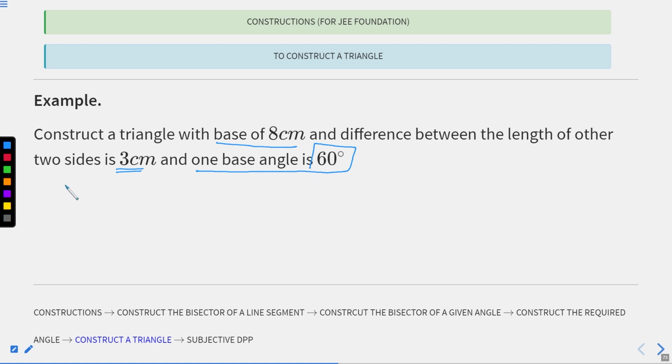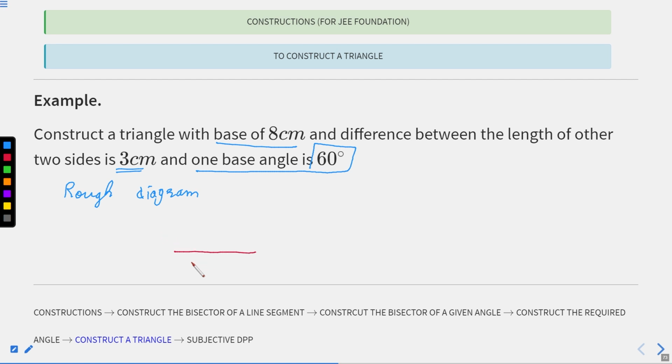So let's make our rough diagram, so that we can have some idea of how we will use our approach, or how the construction will look.